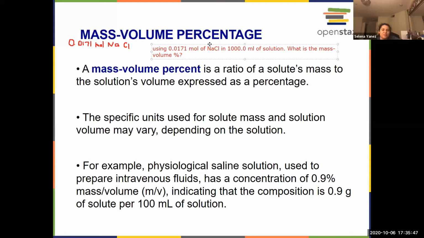Typically the units are grams per milliliter.